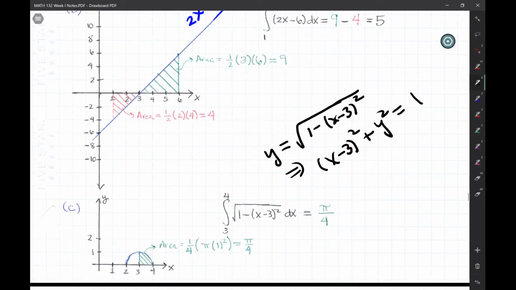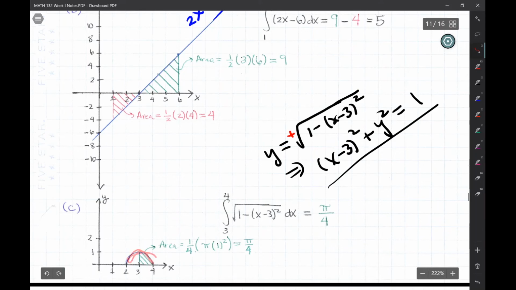Okay, so this relation here gives you a circle of radius 1 at the point x equals 3, y equals 0. So that's what you see here. And we're only taking the positive root here. Okay, so this is the positive root. It is indeed a function.